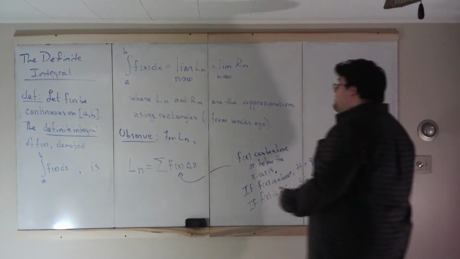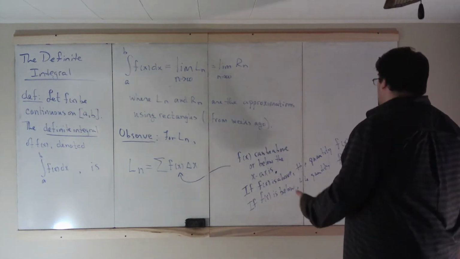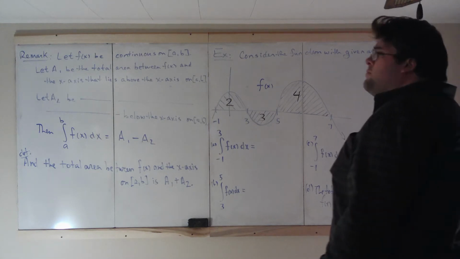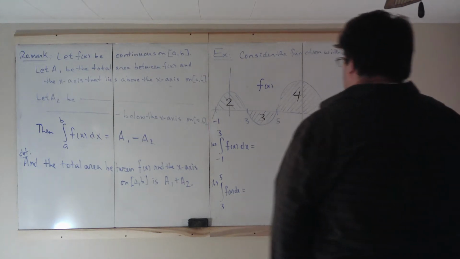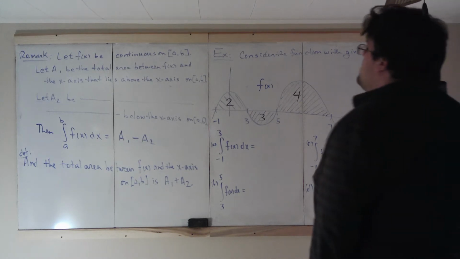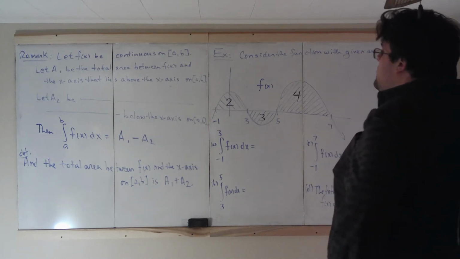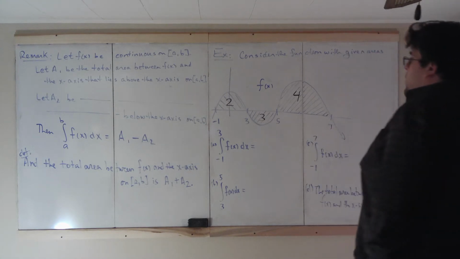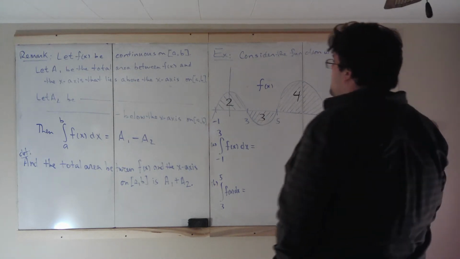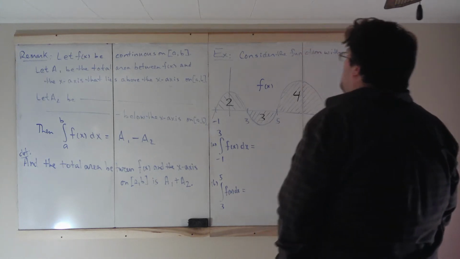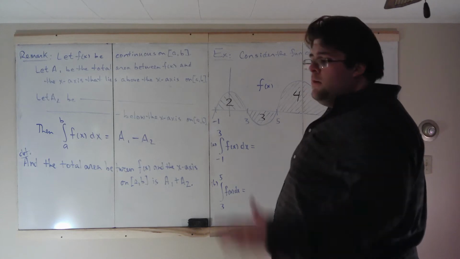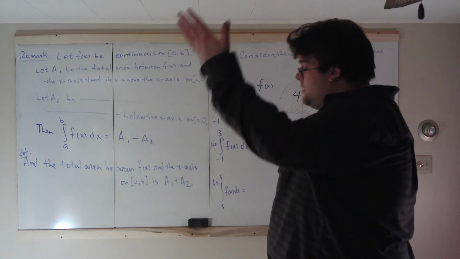And with this in mind, we get the following remark. This is really a remark and a theorem and a definition. Let's just start. Remark. Let f of x be continuous on a to b. Let A1, capital A sub 1, be the total area between f of x and the x-axis that lies above the x-axis on a to b.